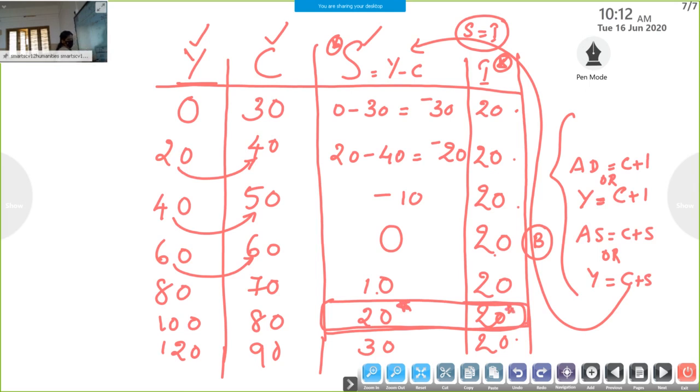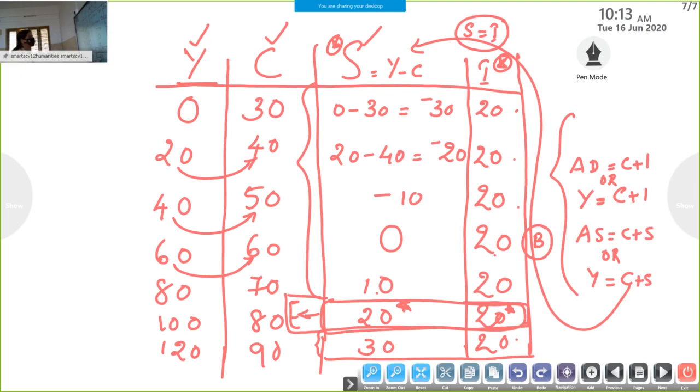What is happening after this? Saving is greater than investment. So these we can say are deviated points. Here only the economy is in equilibrium. Like the ADAS approach, here there is no unsold stock with the producers.